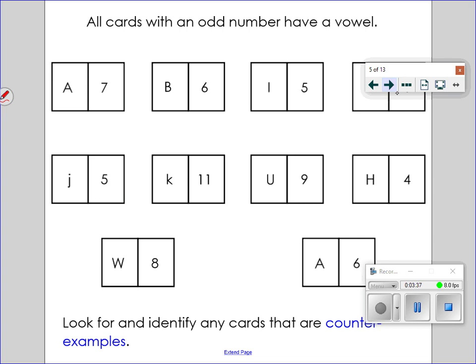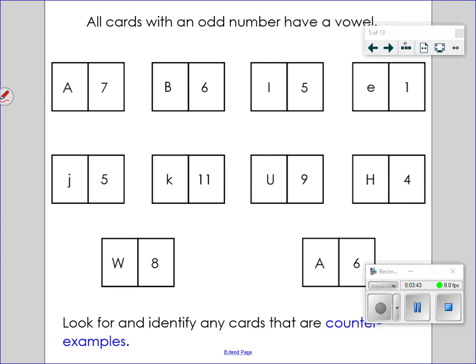Here's another statement. All cards with an odd number have a vowel. Okay, well, let's see if this is true. Let's find all the odd numbers first of all. 7 is odd, 5 is odd, 1 is odd, 5 is odd, 11 is odd, 9 is odd. Those are all the odd numbers. Okay, do they all have a vowel?